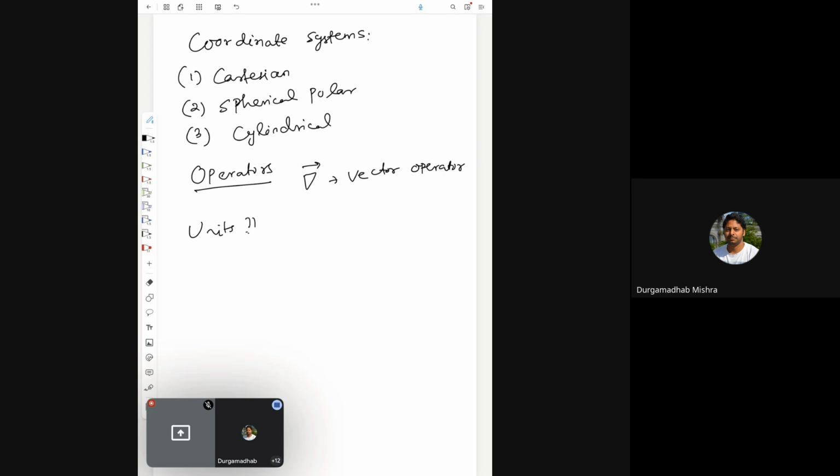Another interesting thing which I just want to add here: electromagnetic theory is really a profound theory, particularly Maxwell's equations. If you look at how it has impacted our development, it is immense.